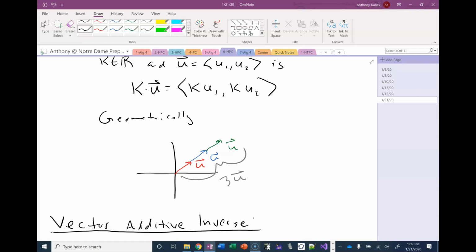So the next thing we'll talk about is the vector additive inverse. So let's go back to elementary school here and talk about just additive inverses in general. So let's say we have the number 5. What's the additive inverse of 5? -5. Why is -5 the additive inverse?